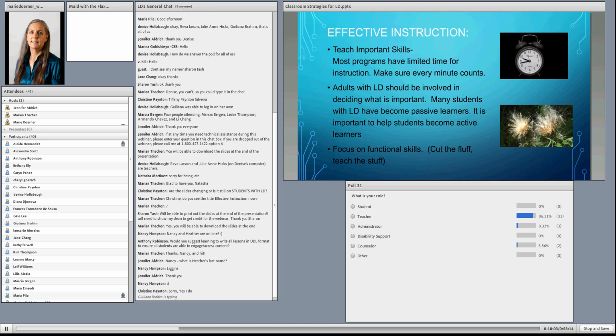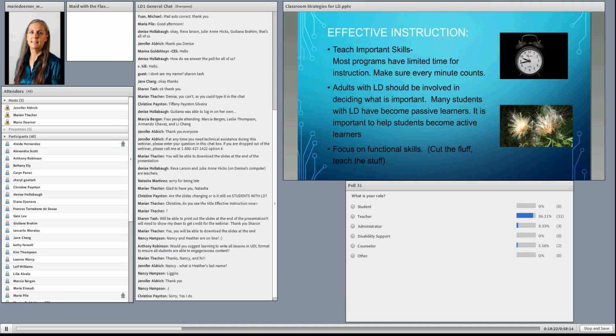Really look at what are we teaching and what parts are really extra information that maybe super high functioning students can do for extra credit. And what parts of your lessons do you really want every single person to know?